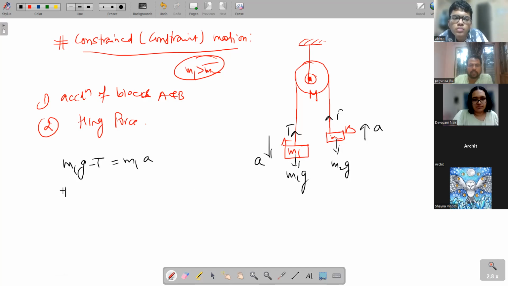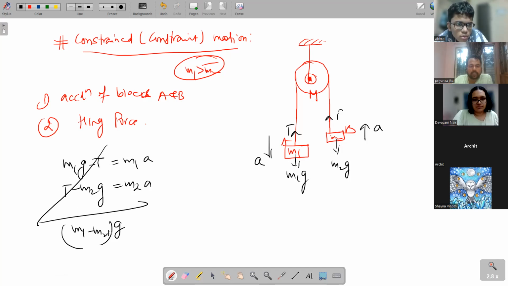And for M2, T minus M2G equals M2 into A. Just add them. You will get A equal to M1 minus M2 into G upon M1 plus M2. This is the expression that you need to remember. It does not take much time to calculate, but you need to remember that the acceleration of this mass pulley system is M1 minus M2 upon M1 plus M2 into G.